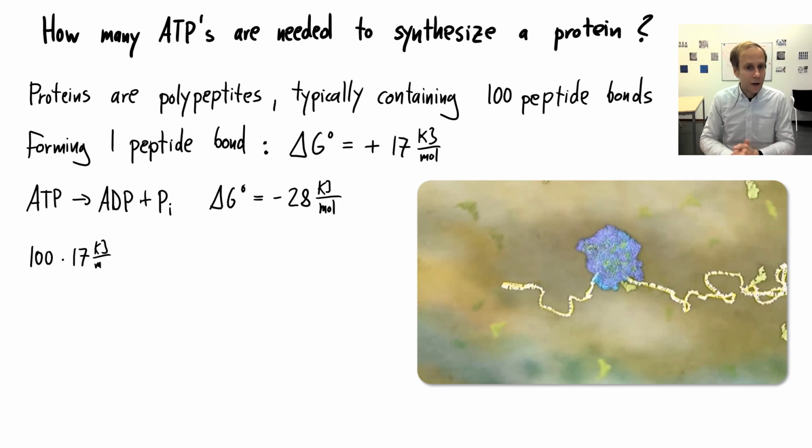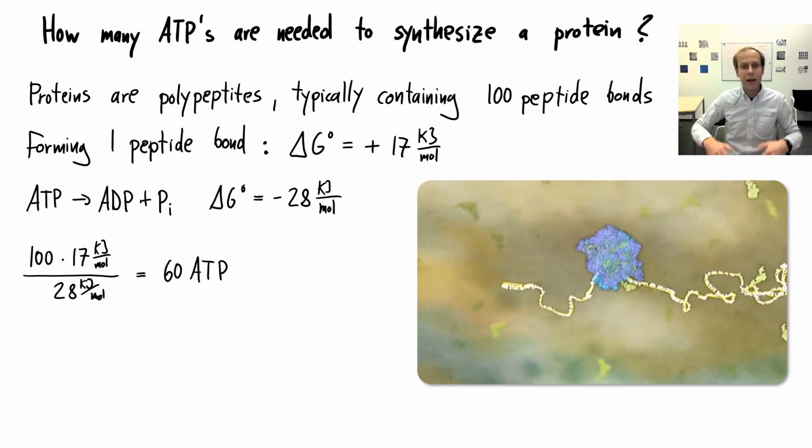So now if we want to make one protein, 100 peptide bonds times 17 kilojoules per mole divided by the maximum non-volume work of the ATP hydrolysis gives us about 60 ATPs needed to synthesize a single protein. It costs quite some energy.